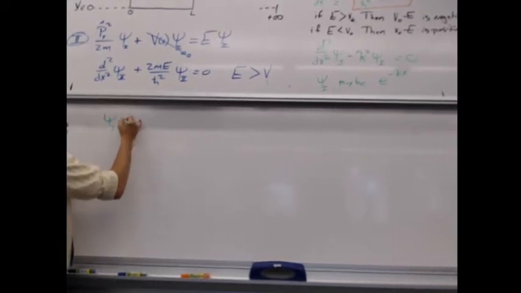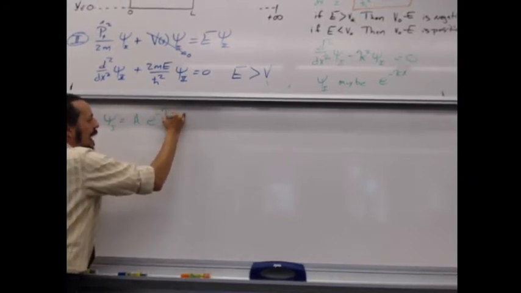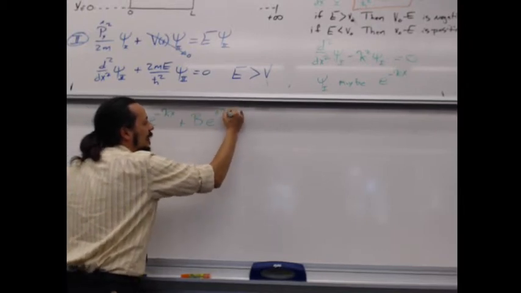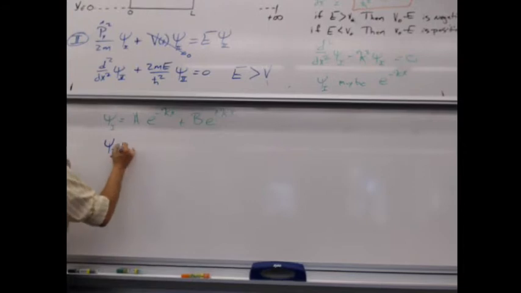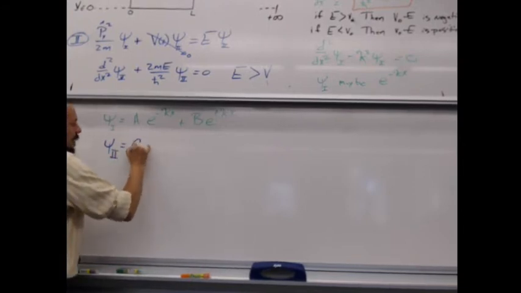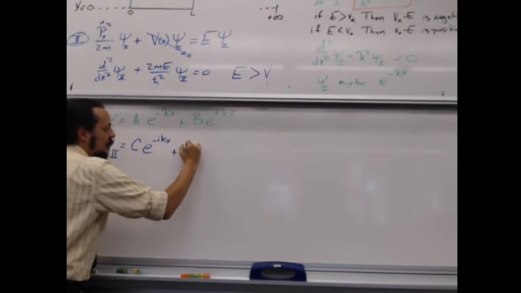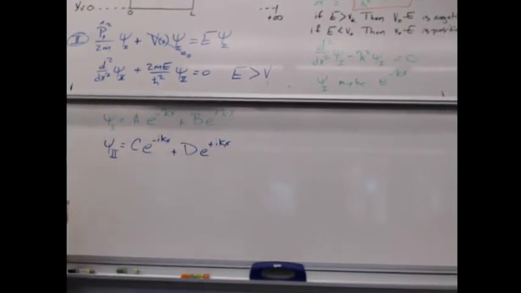Psi 1 is going to have some a e to the minus kappa x plus b e to the positive kappa x. You can check, those are both solutions in that region. Psi 2 is going to have some c e to the minus ikx plus d e to the positive ikx, just like we've seen before.